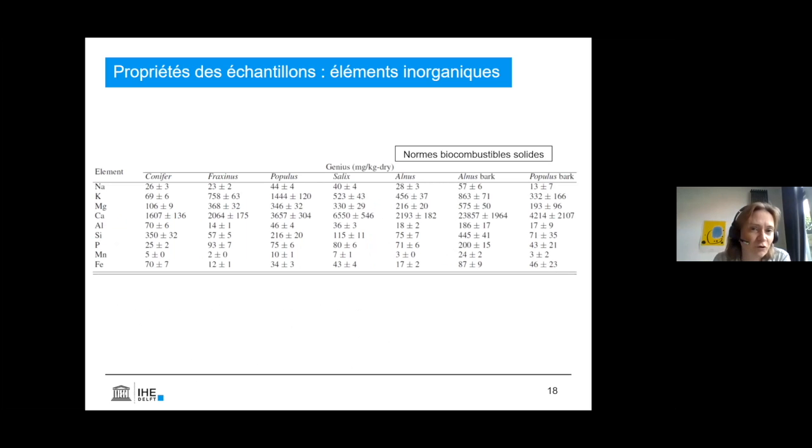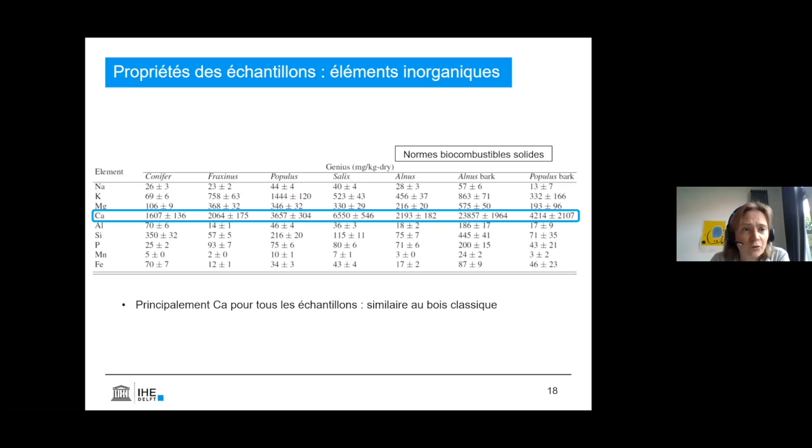Regarding inorganic elements, I mean, the composition of this ash, of this 1% or 10% in the case of bark, here you have the different samples. And on the vertical axis, the different elements, in milligrams per kilogram this time.